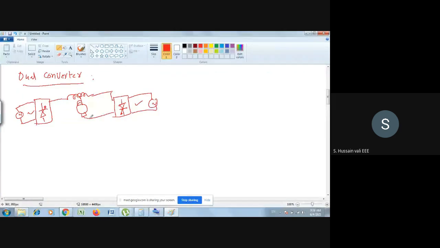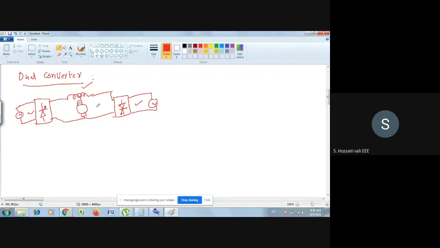What is the purpose of this inductor? It is to limit the circulating currents. To limit the circulating currents, you have this inductor. I'm sure you might have called this inductor a limiting inductor also.